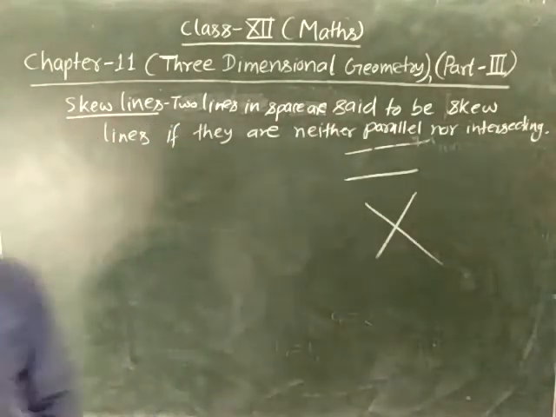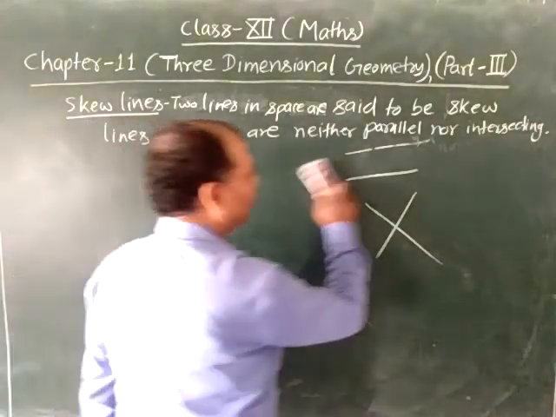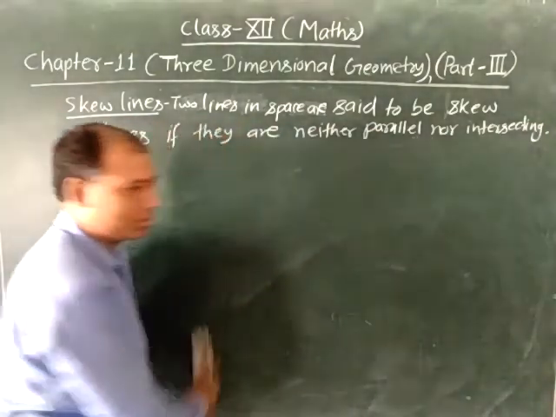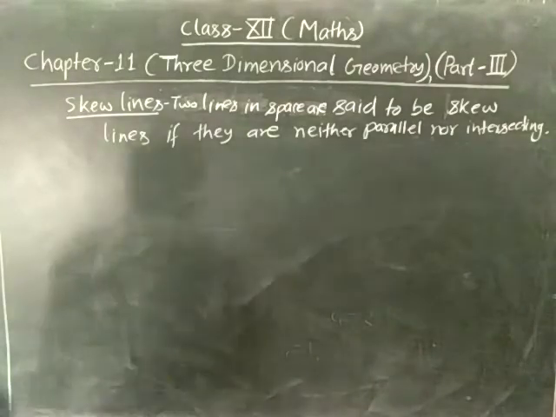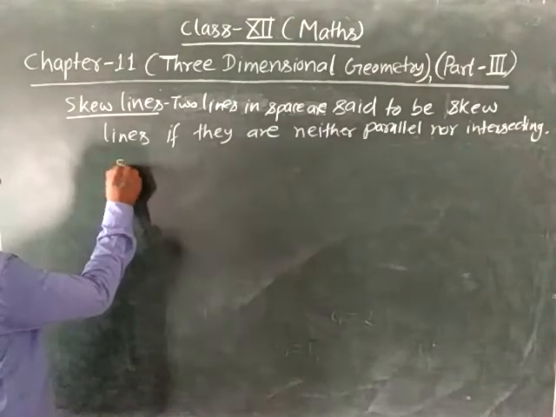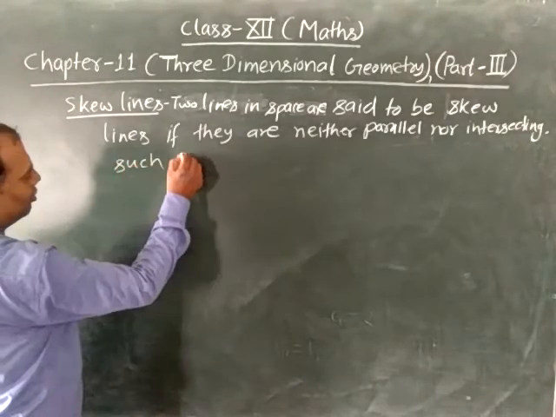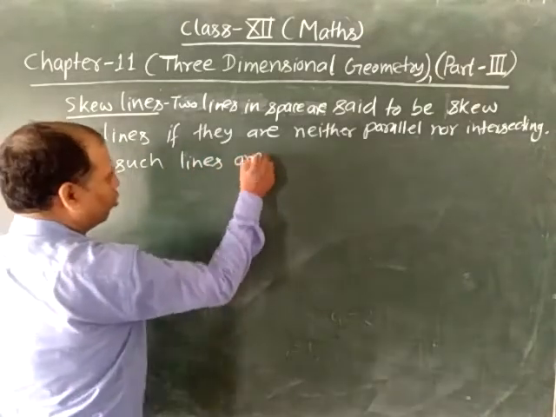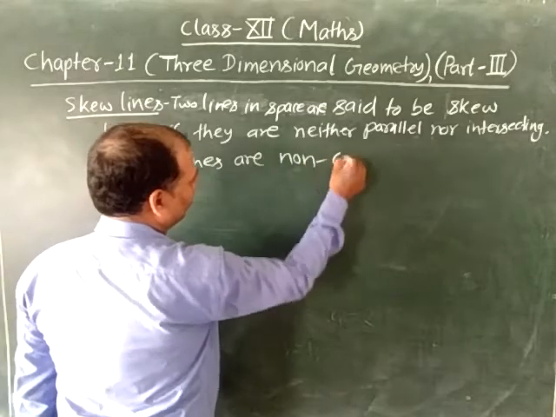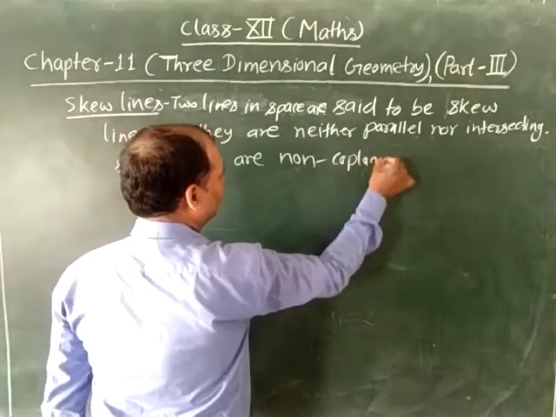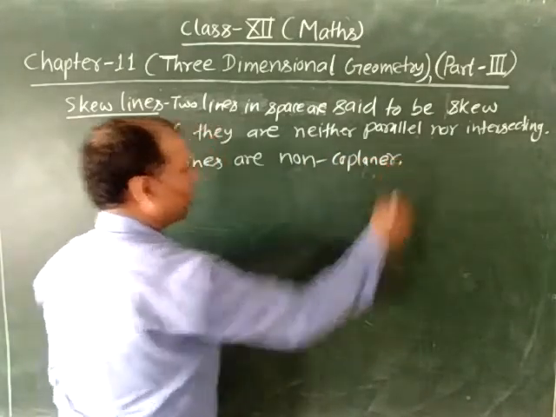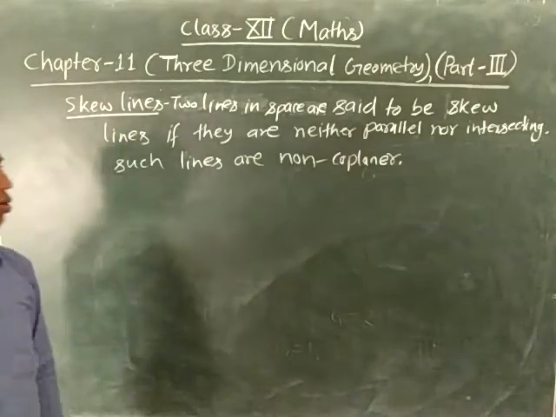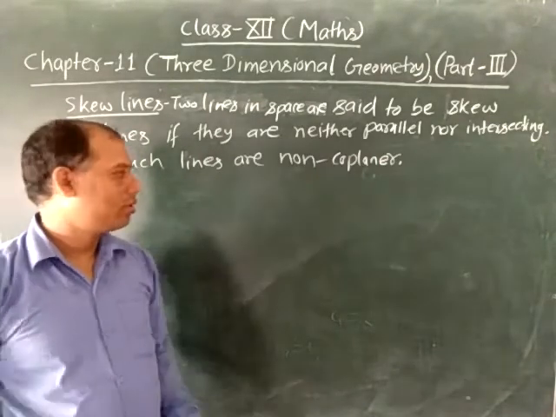That means skew lines are neither parallel nor intersecting. Such lines are non-coplanar. Non-coplanar means do not lie in the same plane.